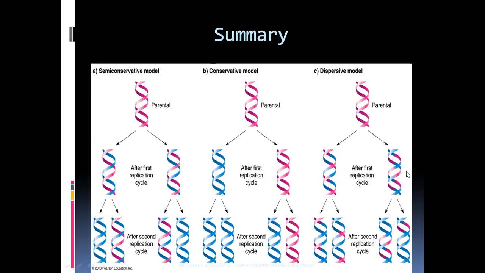After the first replication cycle, you will get something similar to this. You can correlate it to semi-conservative and dispersive. But after the second replication cycle, you will understand that it is never possible in living organisms. Why? Because if it is dispersed, then we cannot say which gene is responsible for which characteristic. So this is summarized in short.